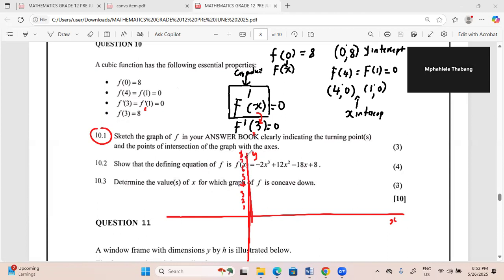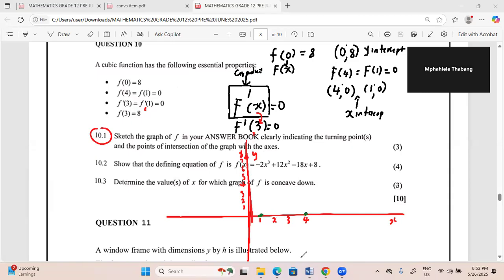So the graph touches the y-axis at 8. Another thing that I know is the x-intercepts. I've got 1, 2, 3, 4. So the x-intercepts, according to the information, are 1 and 4.